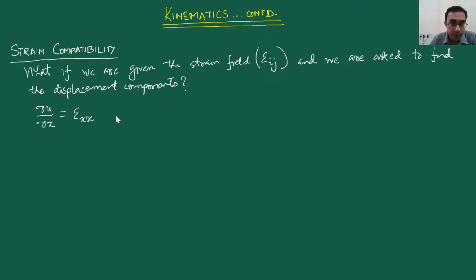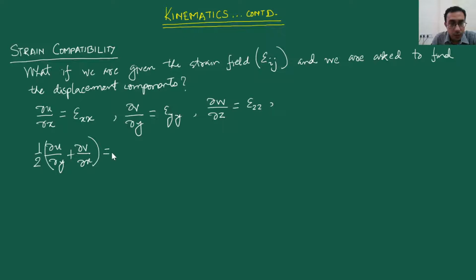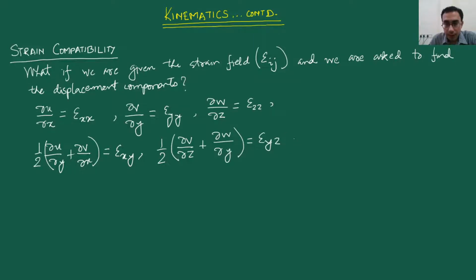So del u del x is equal to epsilon xx, del v del y is equal to epsilon yy, del w del z is equal to epsilon zz, half of del u del y plus del v del x is equal to epsilon xy, half of del v del z plus del w del y is equal to epsilon yz, and finally half of del w del x plus del u del z is equal to epsilon zx.